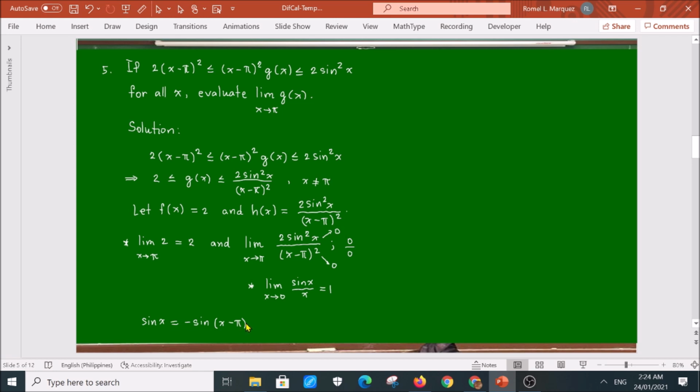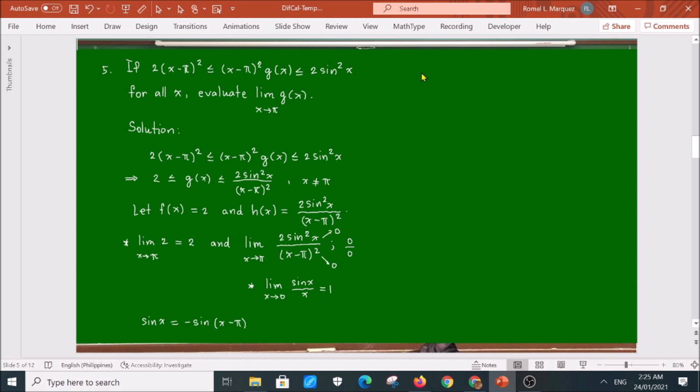So it is negative sine x, then minus cosine x times sine pi, but sine pi is 0. So that term vanishes. So negative of sine of (x minus pi) is equal to sine x. Okay? So sine x is equal to negative sine of (x minus pi).